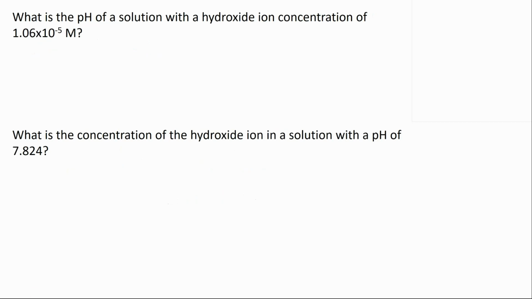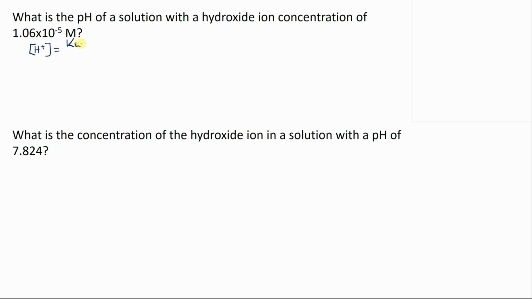The hardest problems in this sort of set of pH calculations are when you have to do both conversions, when you're changing hydroxide to pH or pH to hydroxide. In this case, you can't go there directly in one step, and so we'll do it in two. If we're starting with a hydroxide ion concentration, in order to get to pH, we need to first get the hydronium ion concentration.